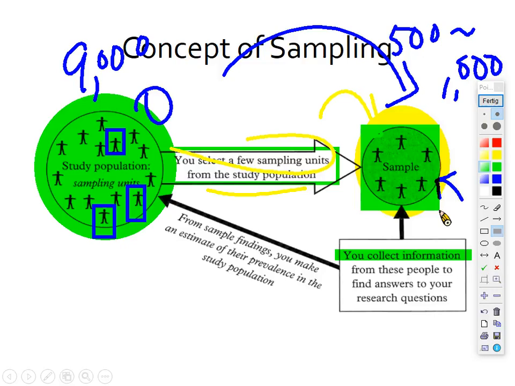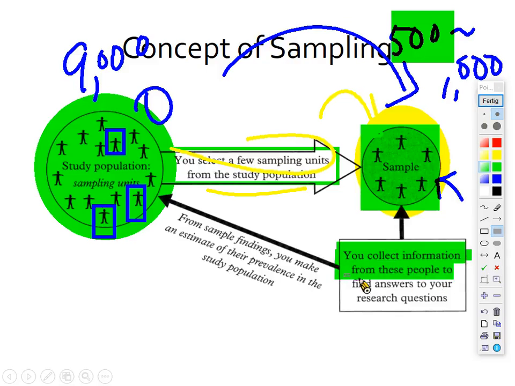When I try to investigate the attitudes of Windsor students, suppose that I have only 500 students in my sample. So basically all my efforts are on the 500 sampling units, but instead of 9,000, is that right? So basically I collect information from these people and try to find out the answers to the research questions. How?